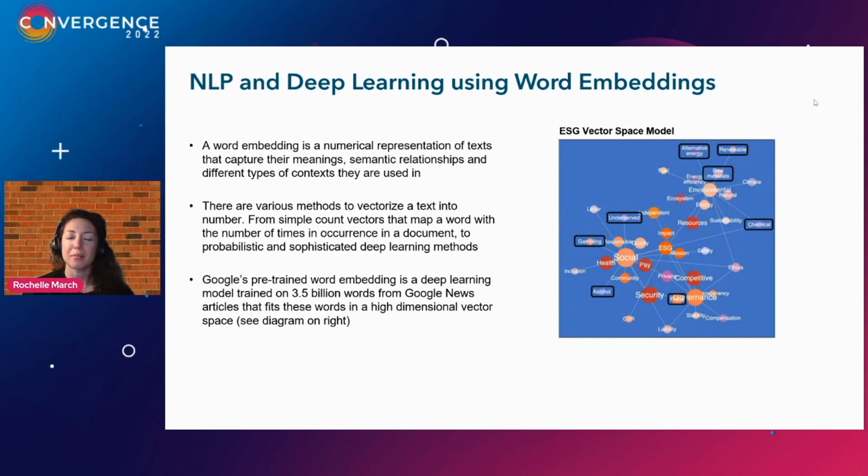We loved Google's pre-trained word embedding, using 3.5 billion words in Google News articles, something we use to get us started. What's interesting about this is it's a great way to detect associated words, synonyms, words that are found together a lot in certain phrases, and so on. And so this helps to create our first ontology of ESG that sets the foundation of what we're looking for.